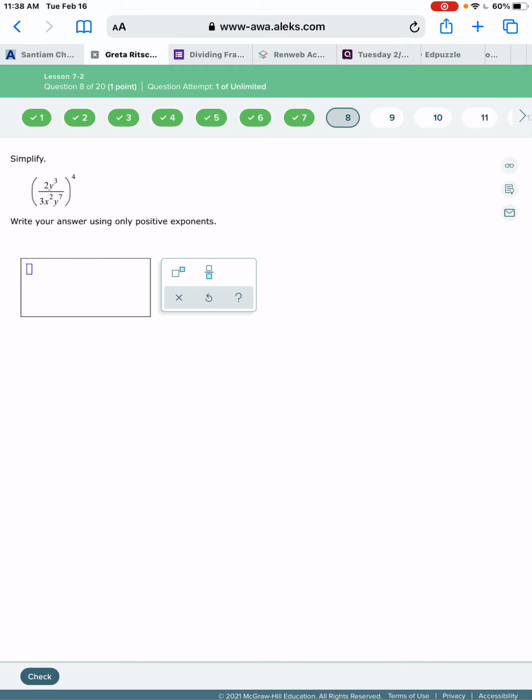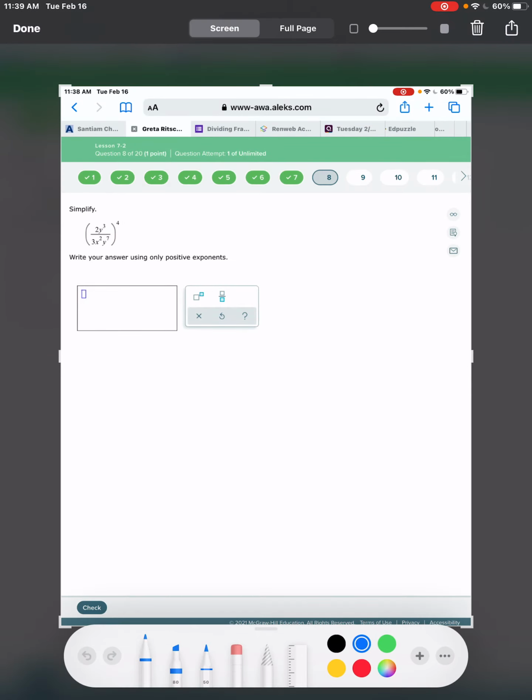All right, I am going to write this down. I need to use it on every single piece of this, so I'm just going to write out some stuff. I have 2 to the 4th, and then y to the 3rd to the 4th.